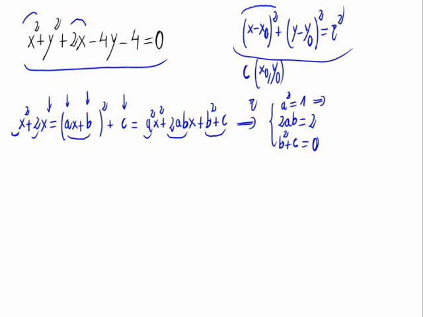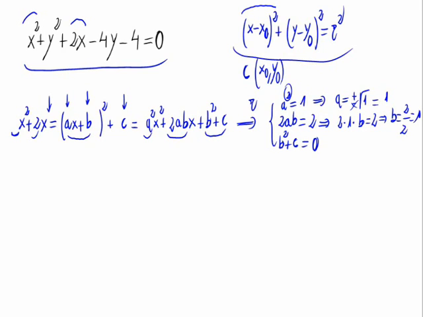From the first equation, a is equal to plus minus the square root of 1, but we will take just the positive part. So, a is equal to 1. From here, we have 2 times 1 times b equal 2. So, b is equal to 1.